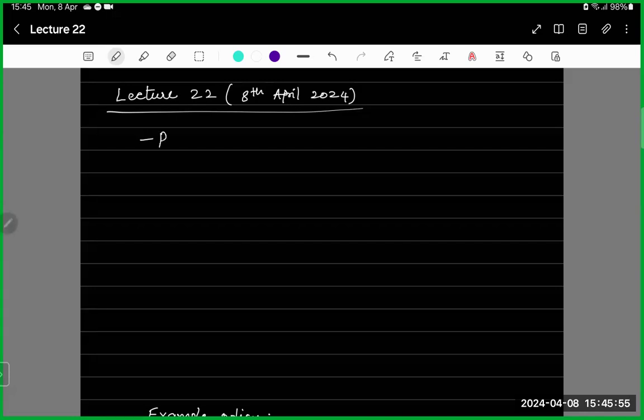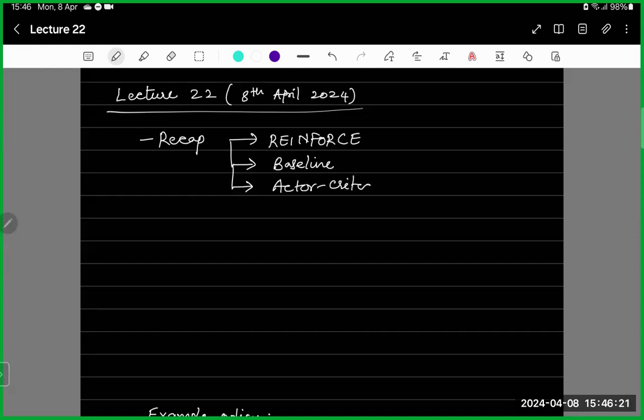So, we discussed REINFORCE. Then we discussed this concept of baseline, right? Then we also discussed what is called the actor-critic method.